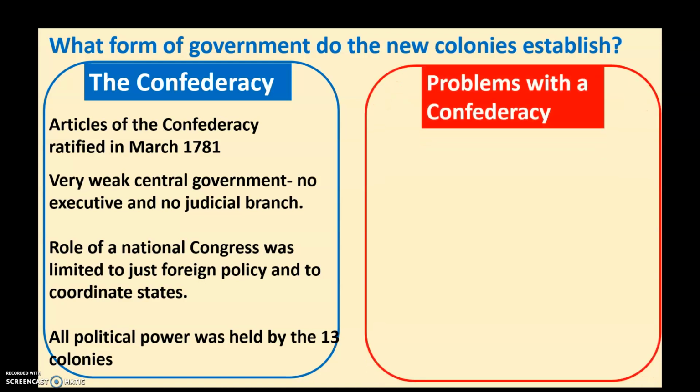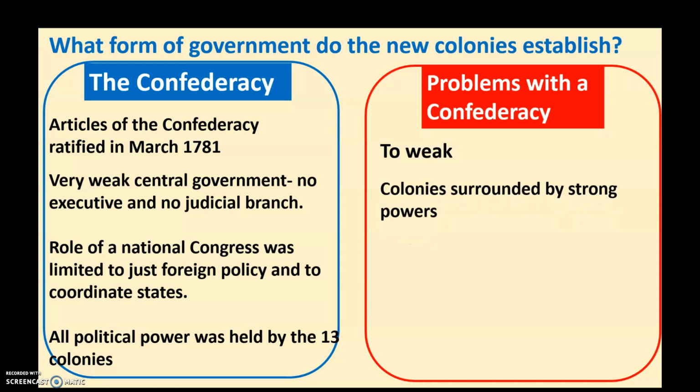There were some serious problems with this, though. It was too weak. The colonies were surrounded by strong powers. There were some fears among some of the leading colonists, some of the leading families in the Americas, about what would happen if we were attacked again. Is this really a satisfactory situation?